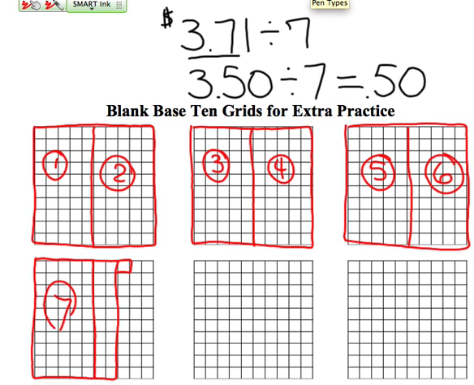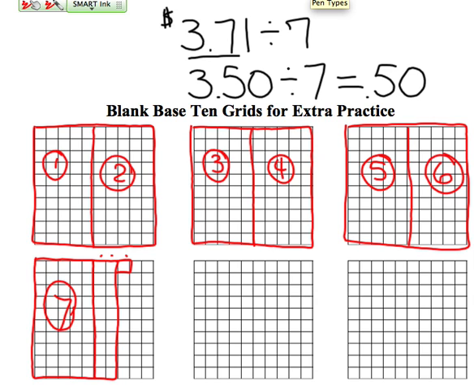So now each apple costs 50 cents, but we have some left. We have 10, 20, 21/100ths left over that we still need to divide among each of the 7 apples.